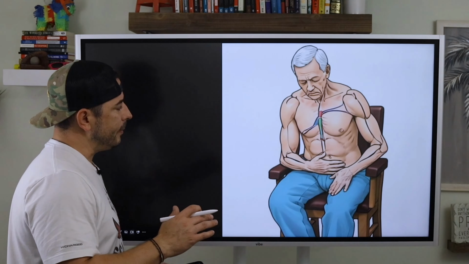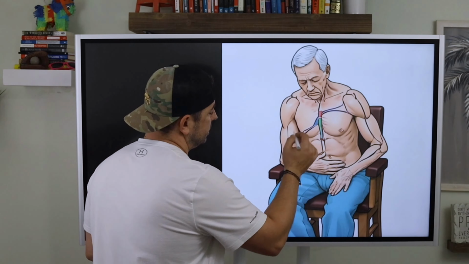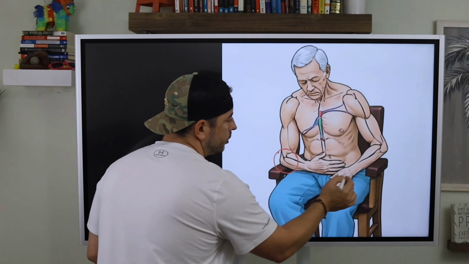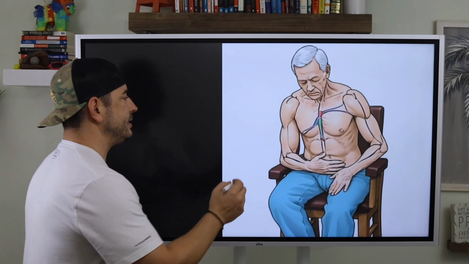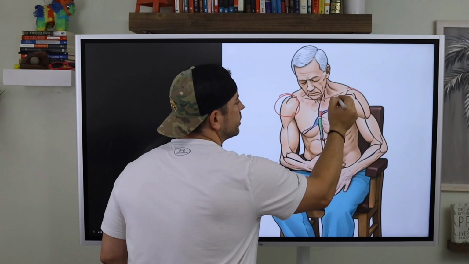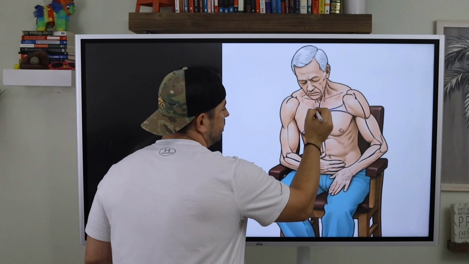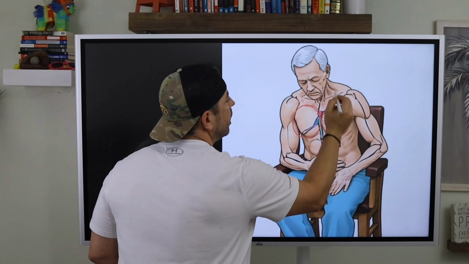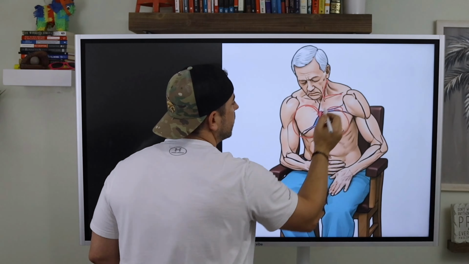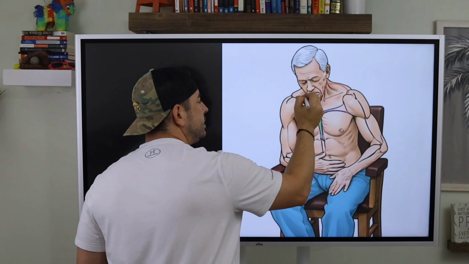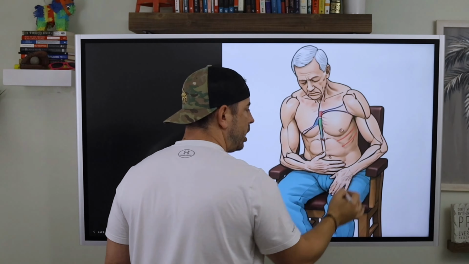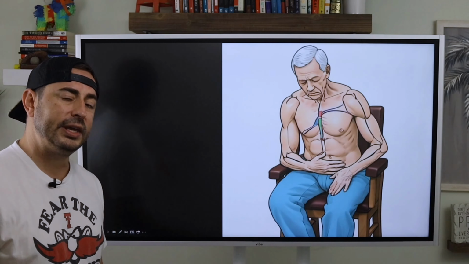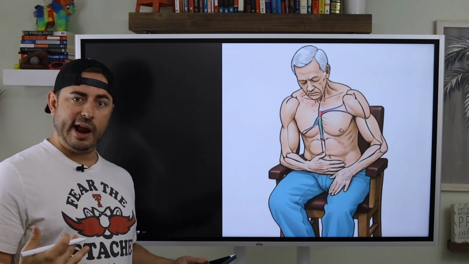So we see patients that need to brace their elbows against the arms of a chair so that they can stabilize their shoulders and utilize accessory muscles like the pecs, the sternocleidomastoid, the trapezius, the scalenes, the external intercostals. All of these muscles we use to try to get air in.